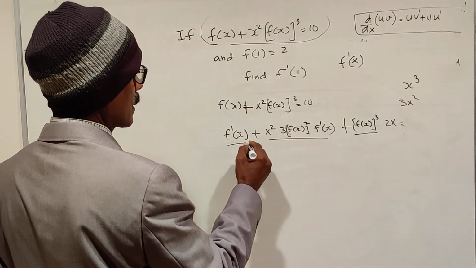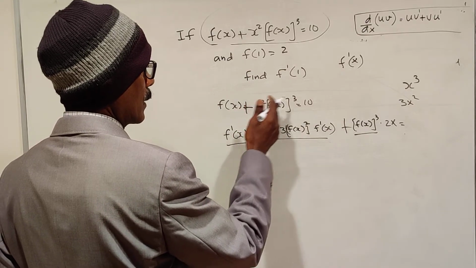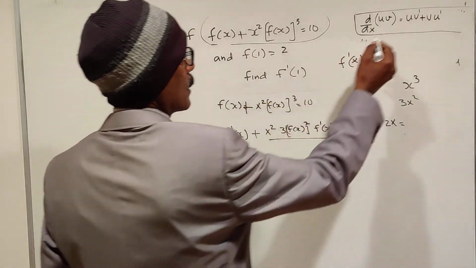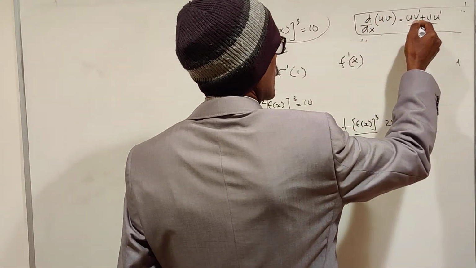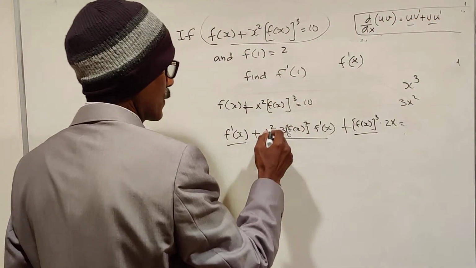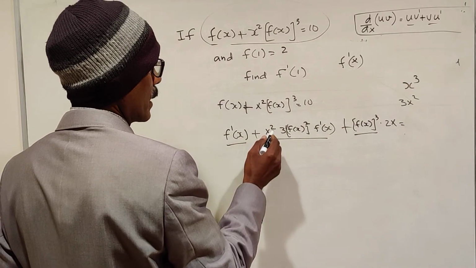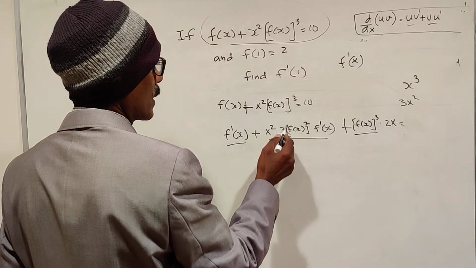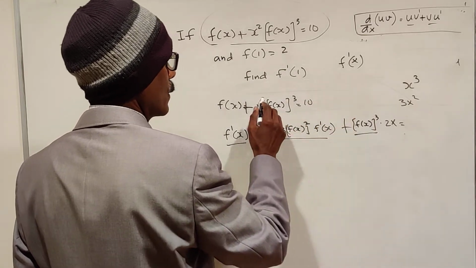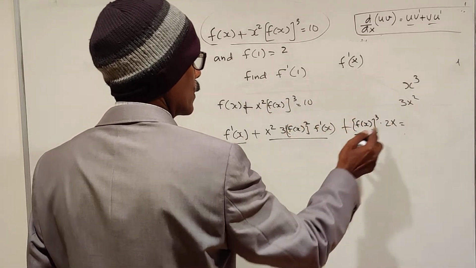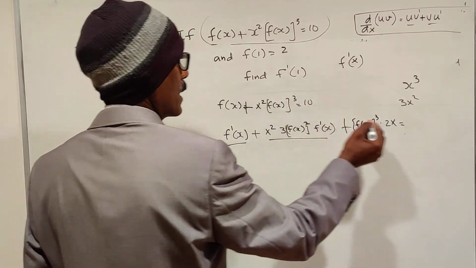First f dash x, then here apply the product rule. The first term is x square, then 3 f(x) the whole square into f dash x, plus f(x) the whole cube into derivative of x square, which is 2x, equals, what is the derivative of 10? 0.